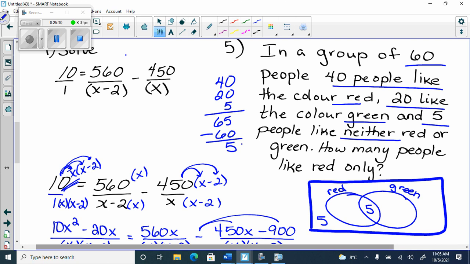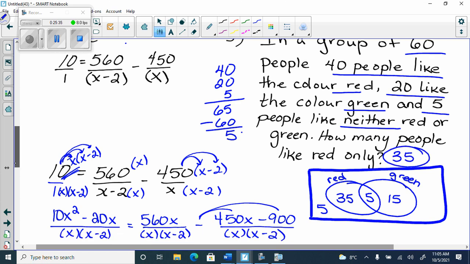I need 40 total to like red. This is 35. Why didn't I just write 40 there? Because it wasn't only. If it said 40 like red only, I'd put a 40 in there. I don't subtract when it says only. And 20 like green, but 5 already like green, so this is 15 who like green. How many people like red only? 35.